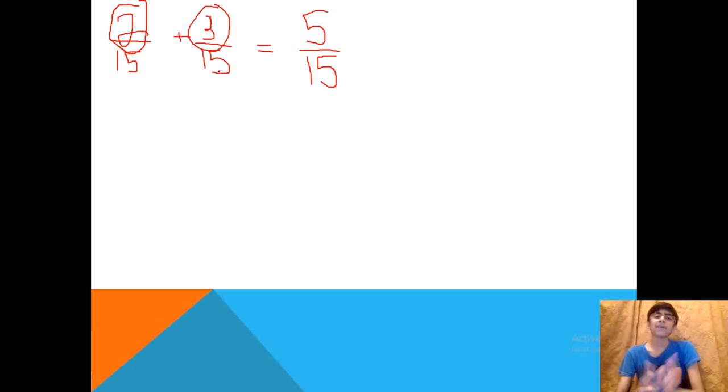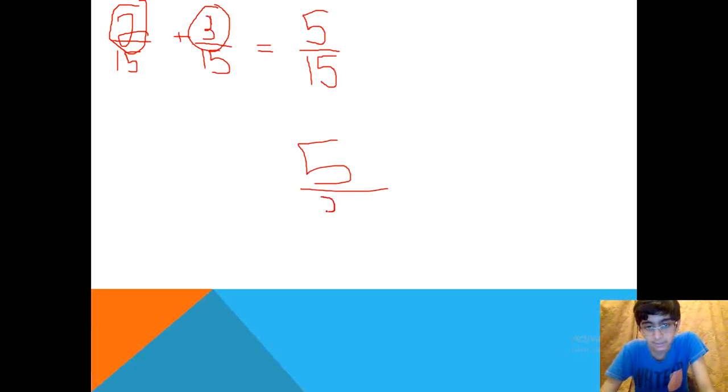This is quite an easy sum because we just have to add these two numerators, which will result in 5. And then in the bottom we will write the same denominator which both the fractions have, because if we add the denominators, then the total parts of the fraction will become 30, so it will be 5 over 30.